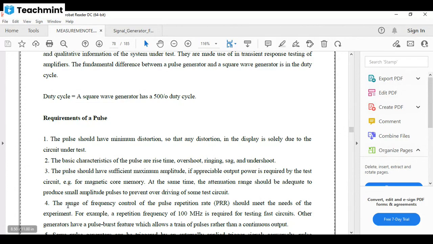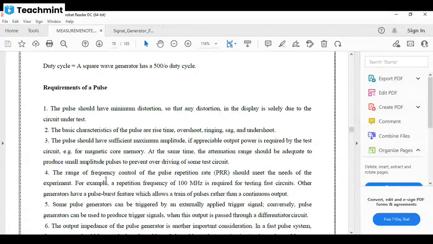Number 4 is the range of frequency control of the pulse generation, which is the pulse repetition rate, PRR, according to the needs of the experiment.